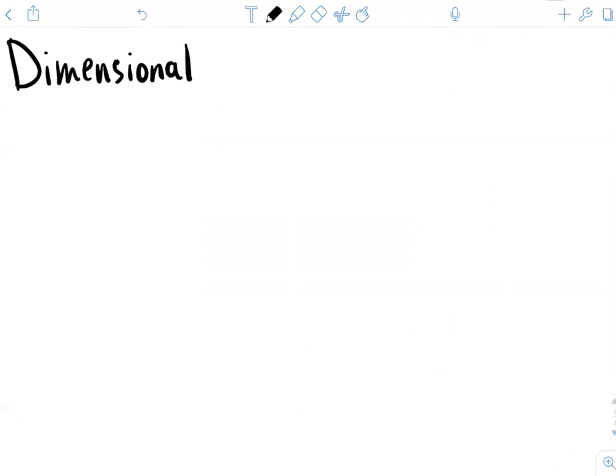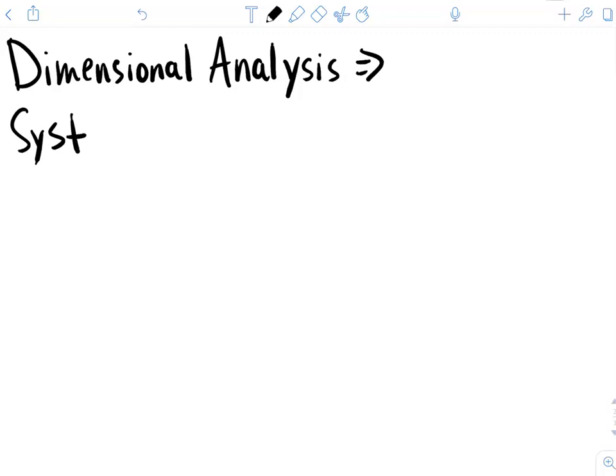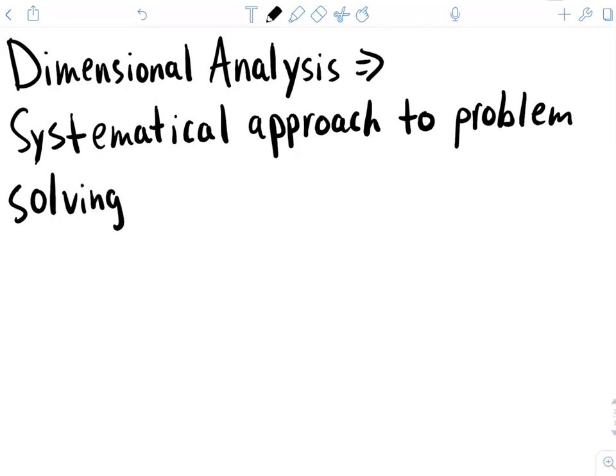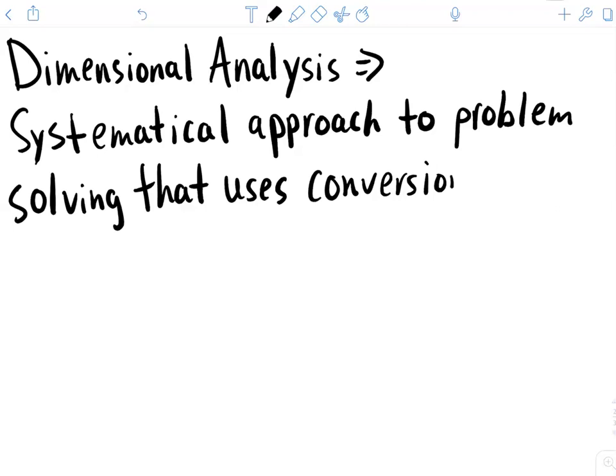So, dimensional analysis is a systematical, so that means that we're going to have a certain process or system that we follow, approach to problem solving that uses conversion factors.